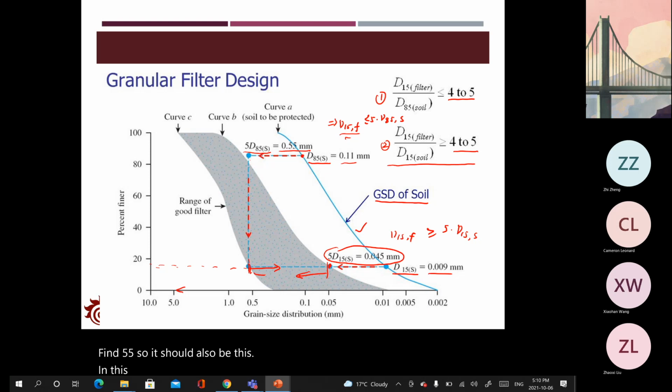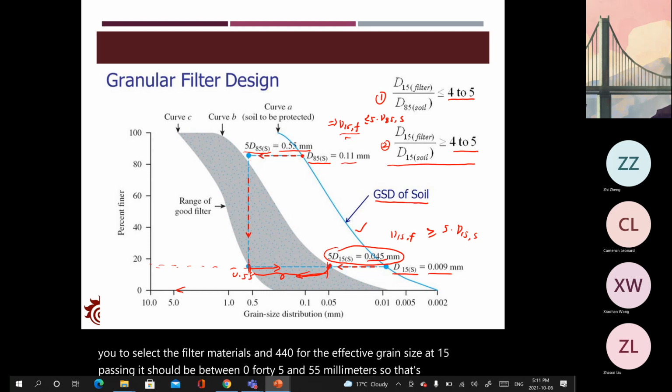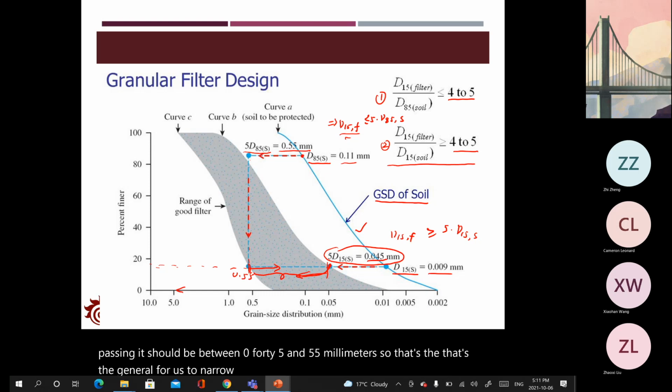If we combine these two, this would be the suitable region for selecting the filter materials. The effective grain size at 15% passing should be between 0.045 and 0.55 millimeters. That's the general way for us to narrow down the materials that we can use.